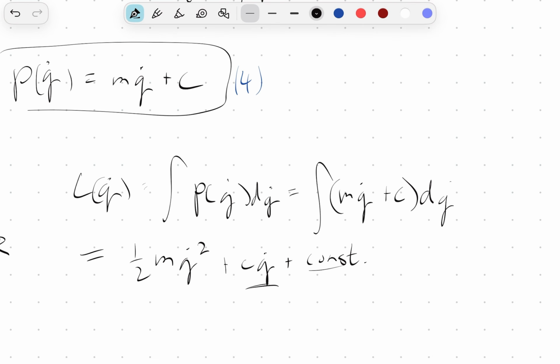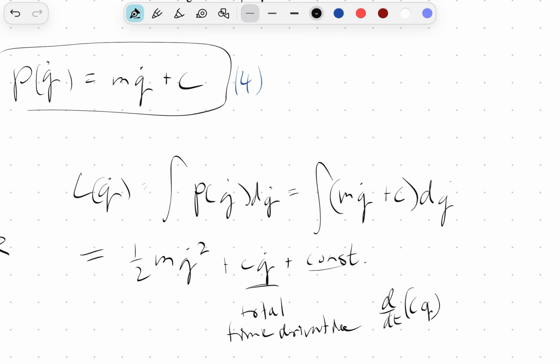And the term c here, you can think of that as a total time derivative because there's a constant, and it doesn't affect the equations of motion. So this constant term is totally physically irrelevant.